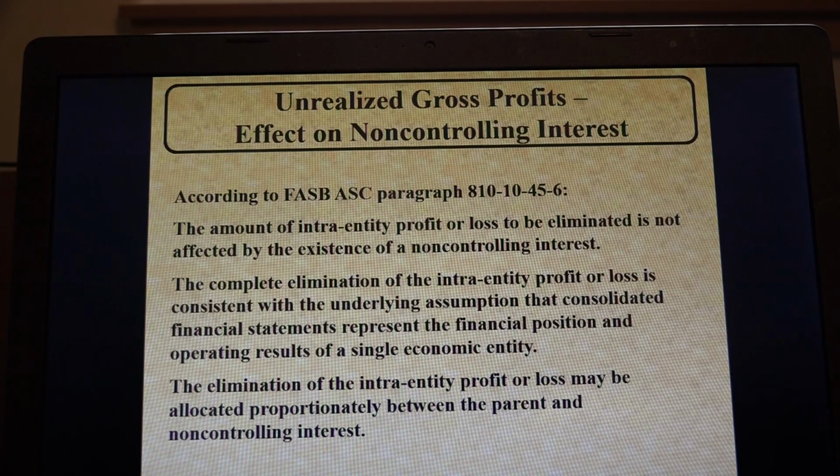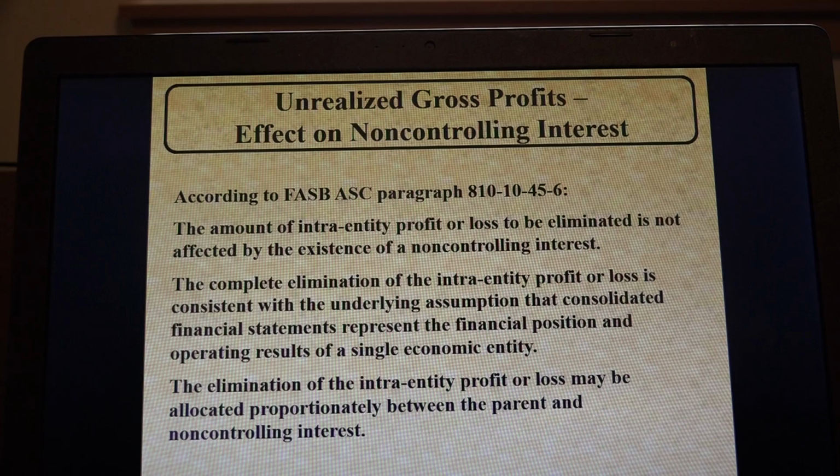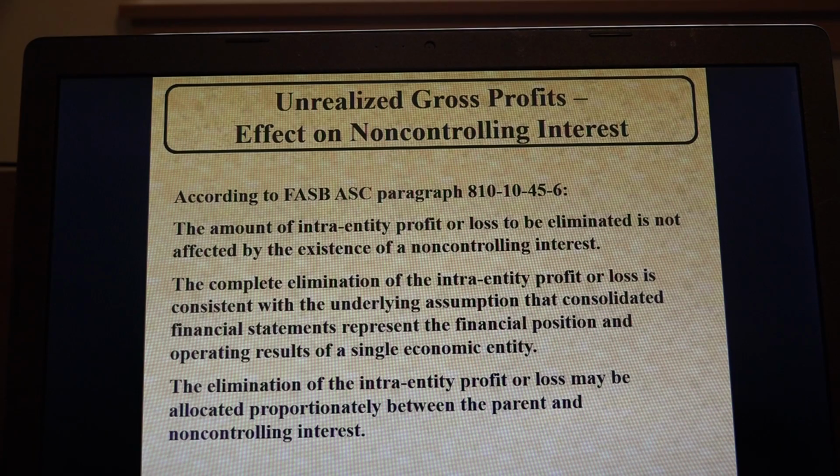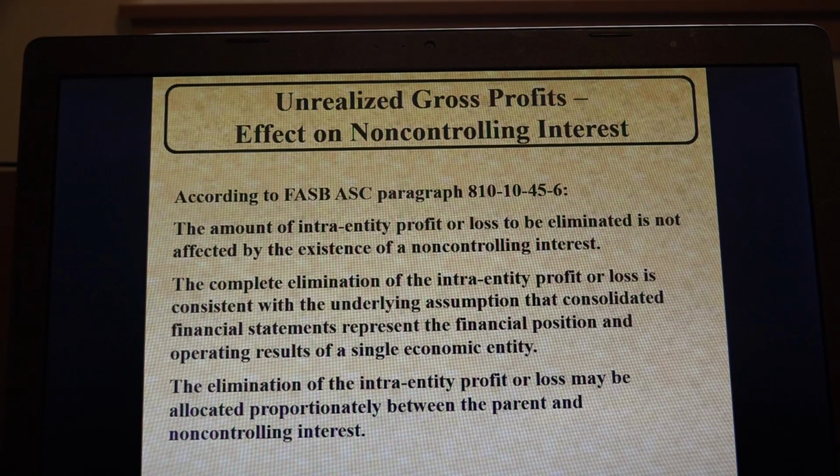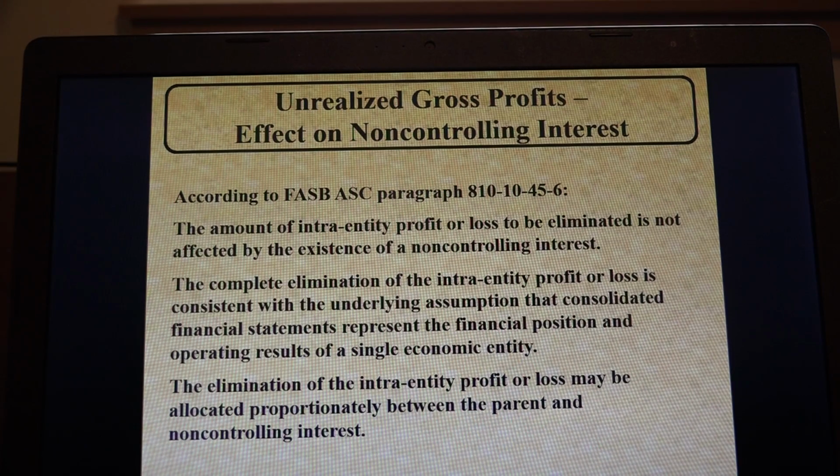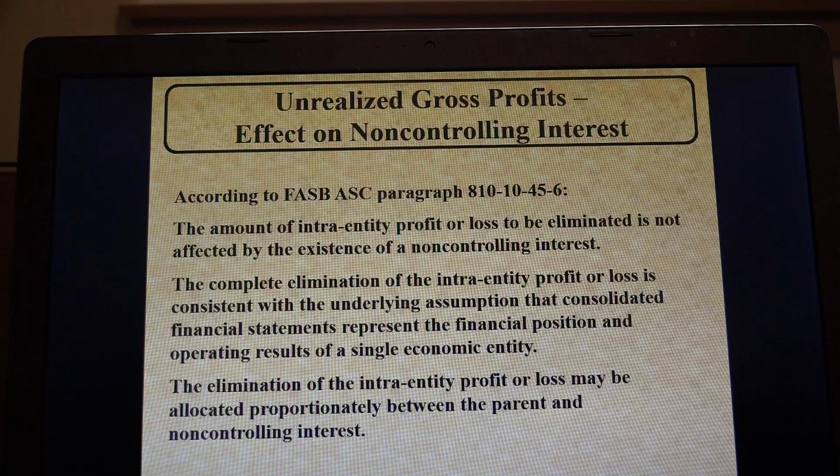And so that's basically they say, using that logic, that's what we're going to do in this book. Doesn't mean you have to do it that way, but it kind of makes sense to do it that way. So only in the face of an upstream transaction would you have this intra-entity profit existing in the non-controlling interest.